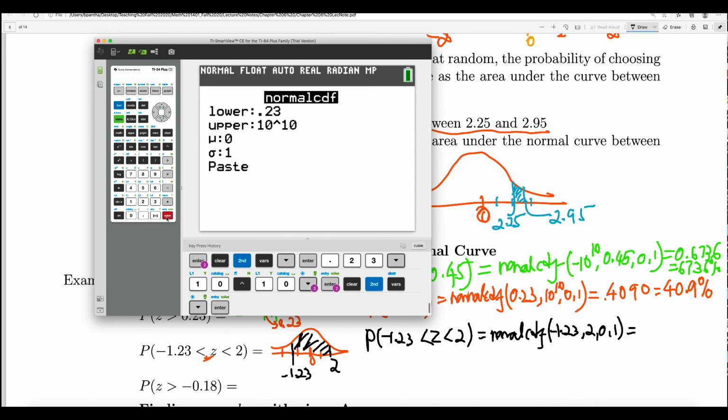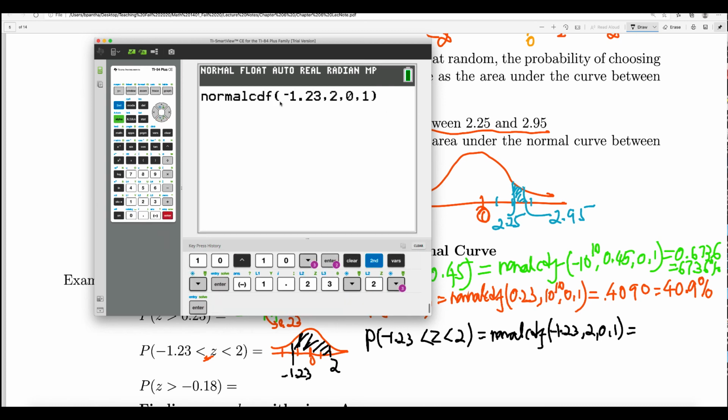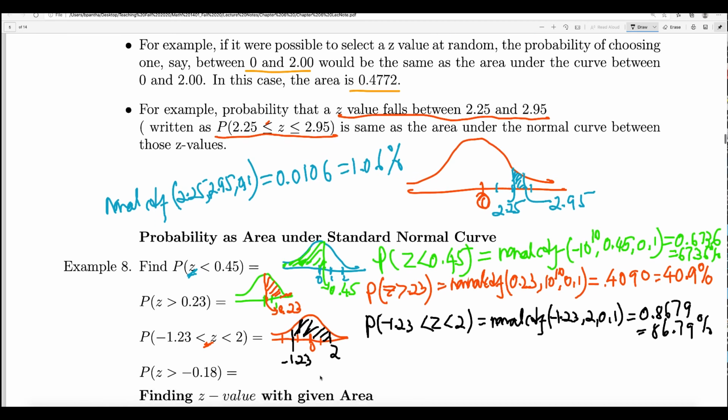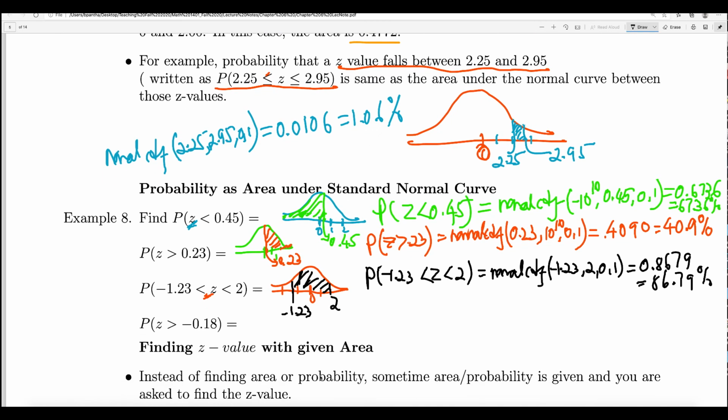Hit enter, and the left bound is negative 1.23, and then the right bound is just 2. Mean is 0 and sigma is 1, right? So do the paste, hit enter. This is what you do in the TI-83. Hit enter, you get 0.8679, which is the same as 86.79%, right?